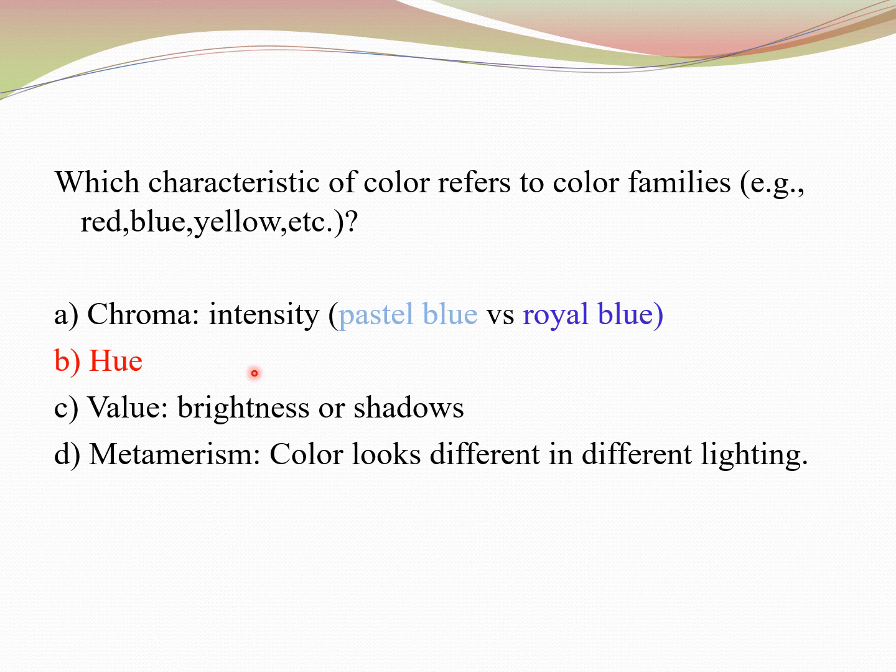Hue is the basic color that you see, whether it's red, blue, or yellow. Value is the brightness: is it bright blue, or does it have shadows with it?